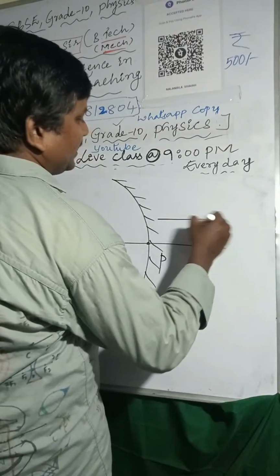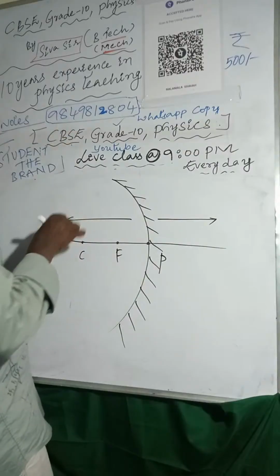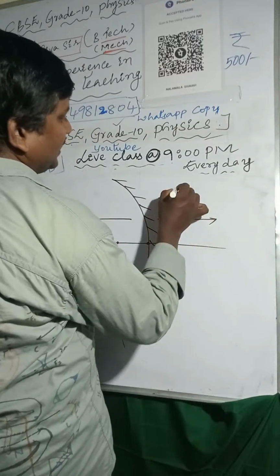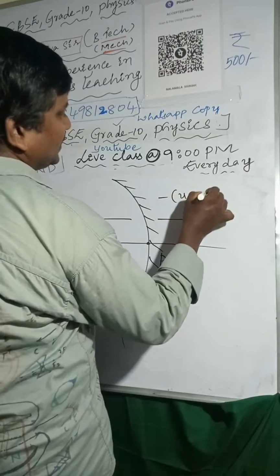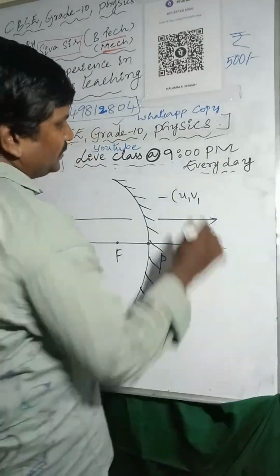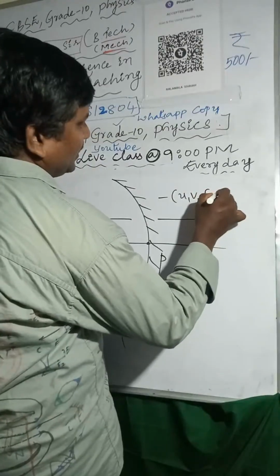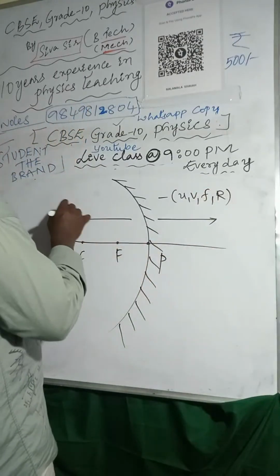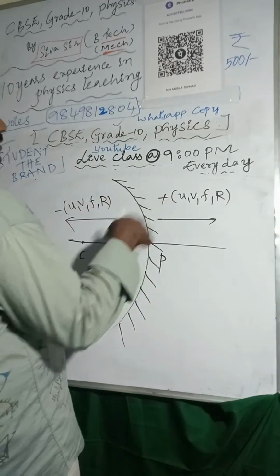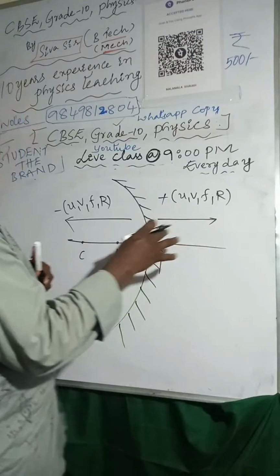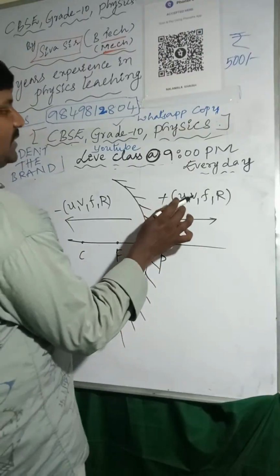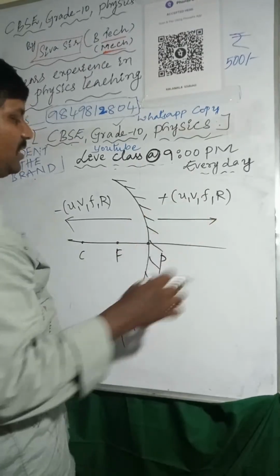So this is the incident ray direction. Along this incident ray direction, object distance, image distance, focal length and radius of curvature all are positive.